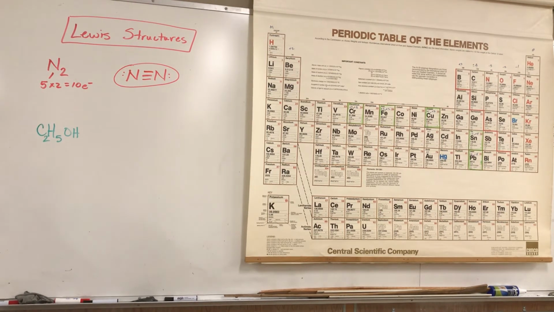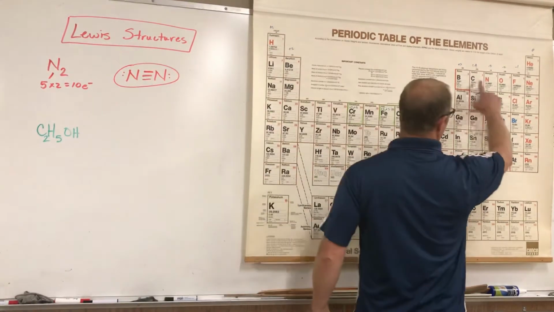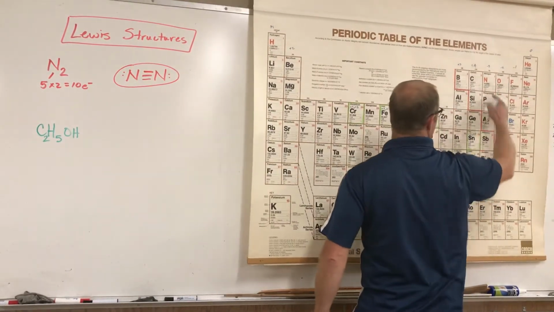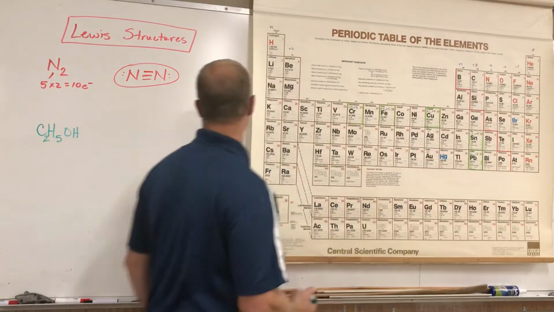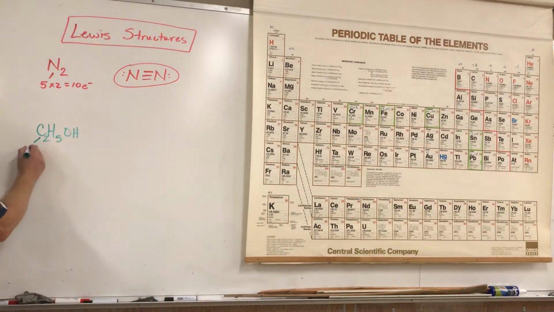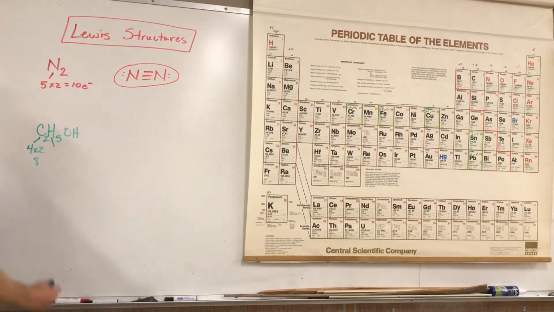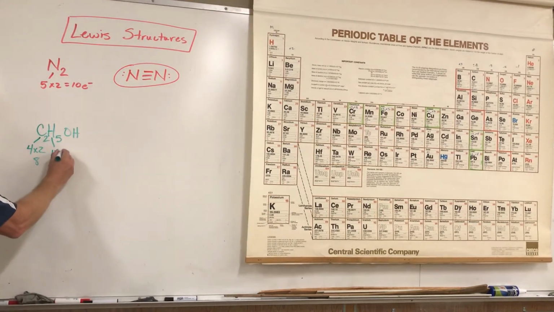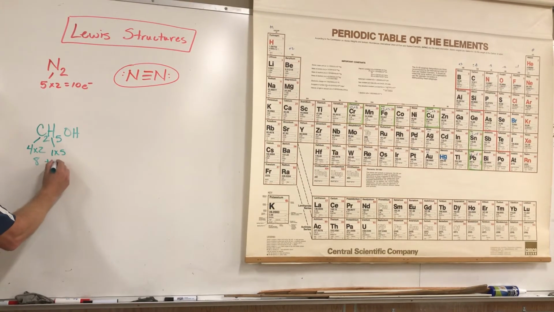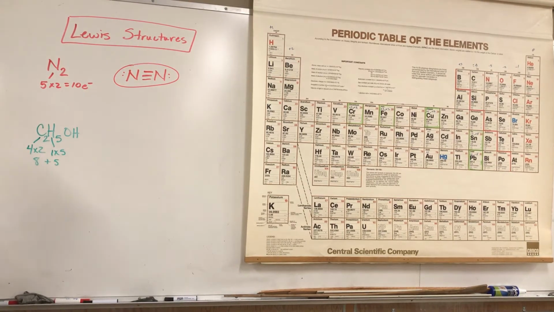Let's get our valence electrons. Carbon has 4 valence electrons. But there's 2 of those, so carbon contributes 8 total between the 2 carbon atoms. Hydrogen only has 1 electron, but there's 5 of those, so the hydrogens contribute 5 electrons.